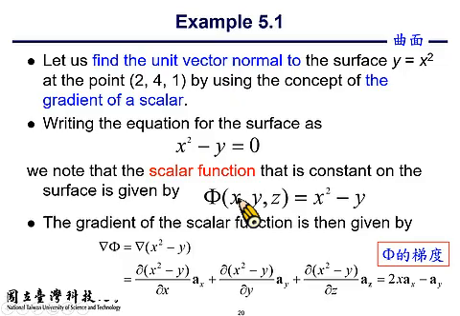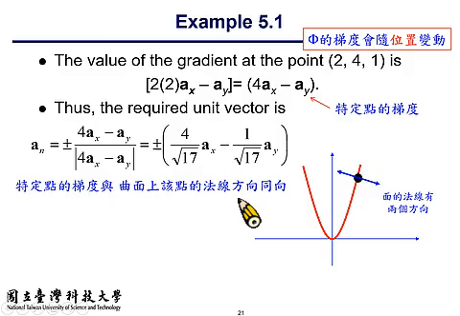You substitute x equals 2 into this result. You end up with what? 4ax minus ay. So that will be the gradient of the surface y equals x squared at the position (2, 4, 1).